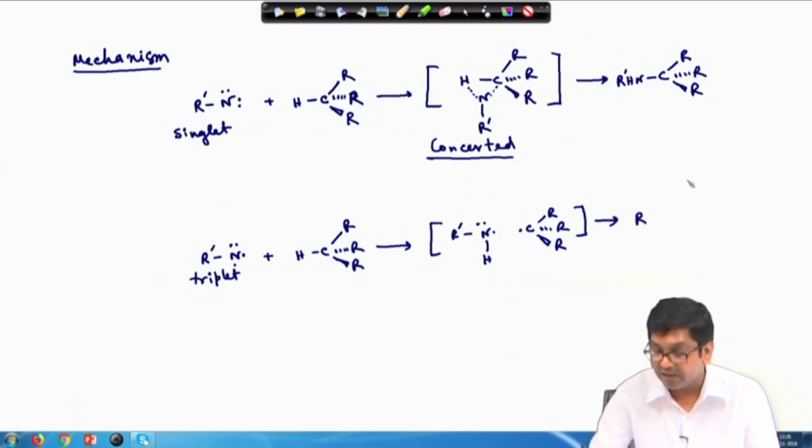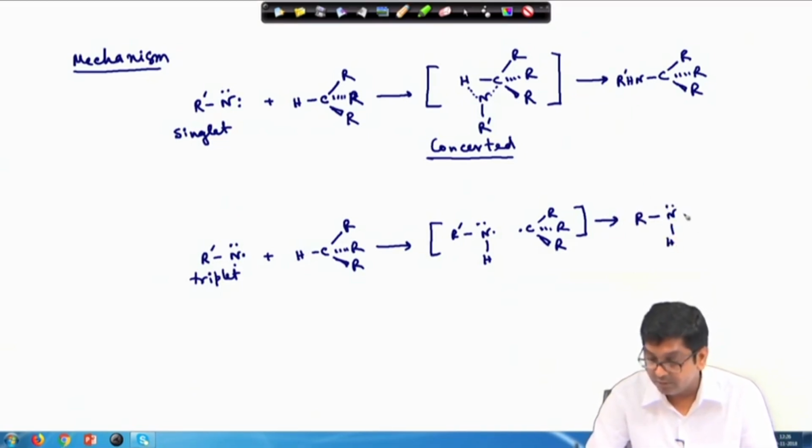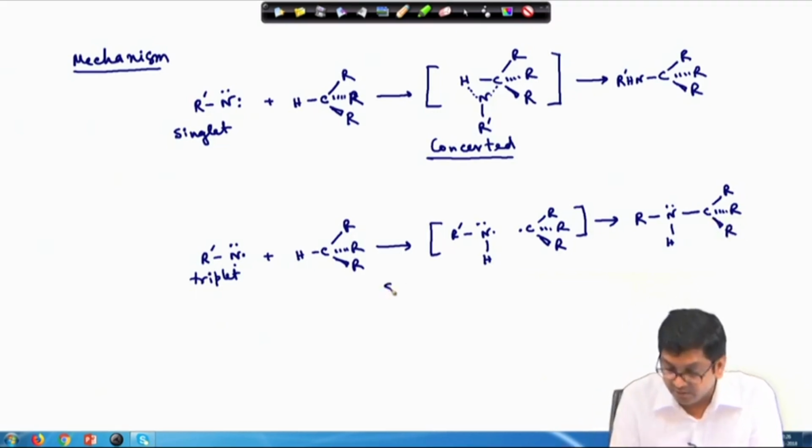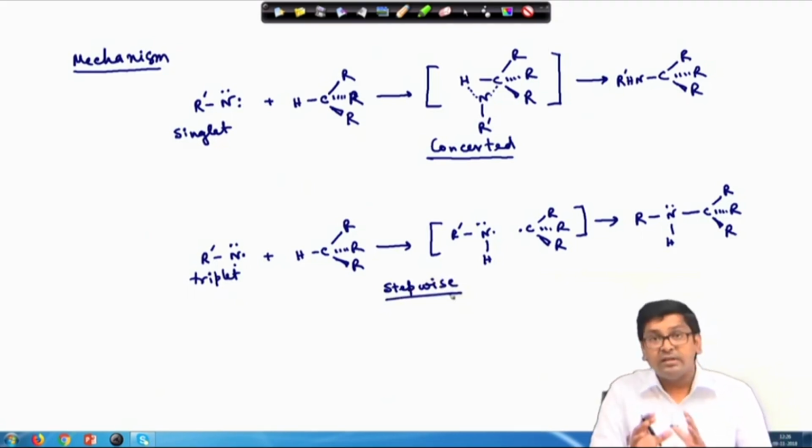Finally, this will form this carbon nitrogen bond. So, this is some kind of stepwise. So, these are the two overall mechanisms for these nitrene insertions.